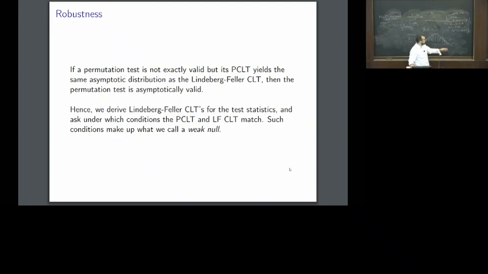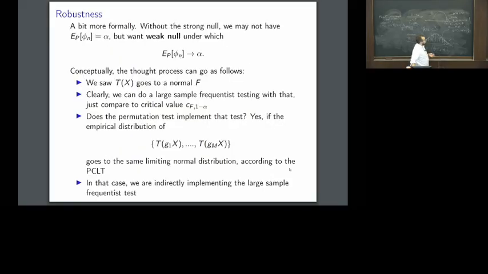So the name of the game is we derive the Lindeberg-Feller CLT, the purple one, and we ask under what condition is the PCLT going to match the Lindeberg-Feller CLT? So we have kind of a recipe. Just formalizing what we said, without the strong null, we may not have that the probability of type 1 error is alpha. But we want the weak null guaranteeing that in the limit, the probability of rejecting under the null is alpha. And so we know that Tx goes to a normal distribution.